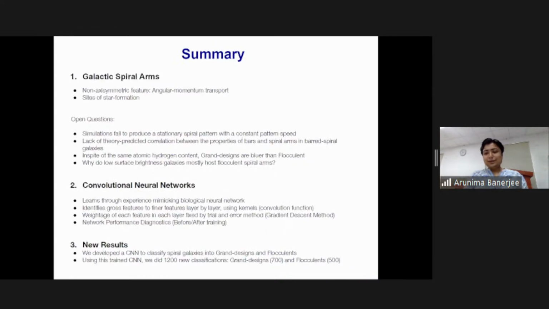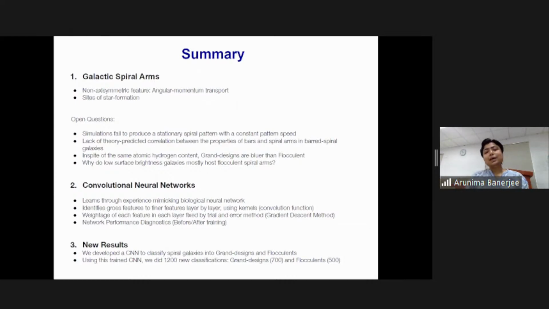To summarize, we have introduced what galactic spiral arms are, what their importance is, what the various types of galactic spiral arms are, and what the open questions are. In the second part, we introduced what convolutional neural networks are. These are machine learning techniques to classify images.